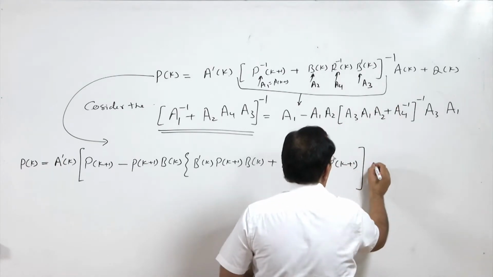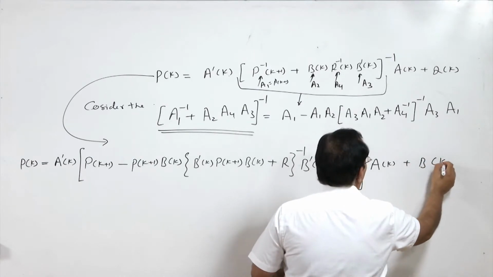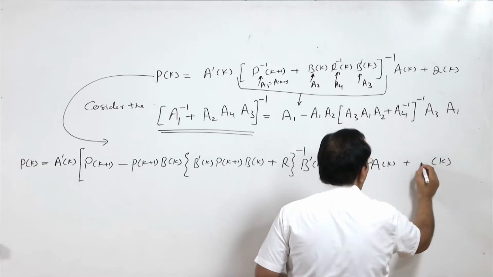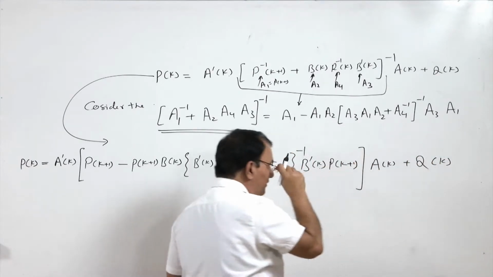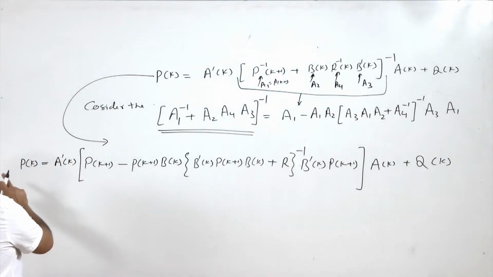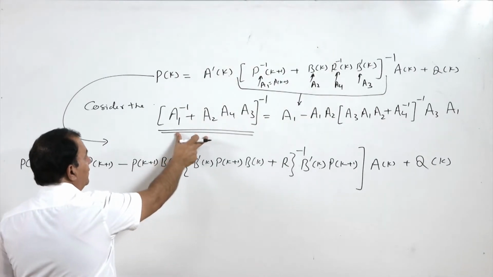This is multiplied with A k plus Q k. So, this difference equation is converted into this form if I use this identity.